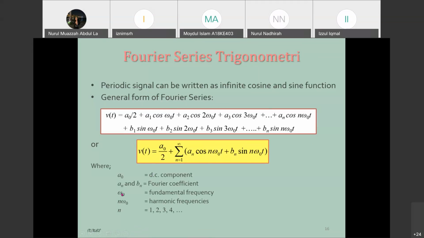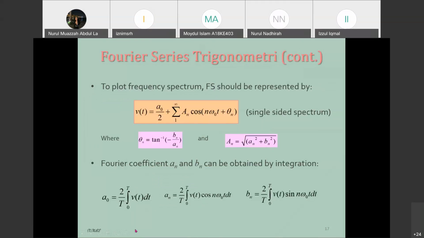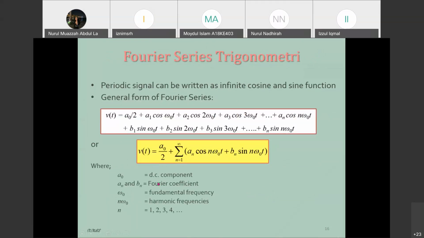Okay, a naught here is the DC component. An and bn here are the Fourier coefficients. Omega naught here is the fundamental frequency, and n omega naught refers to the harmonic frequencies, and n can be 1, 2, 3, 4 up until infinity. The part that has no cos or sine wave is what we call the DC component.